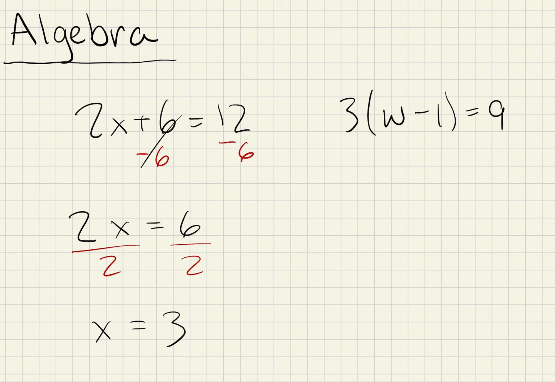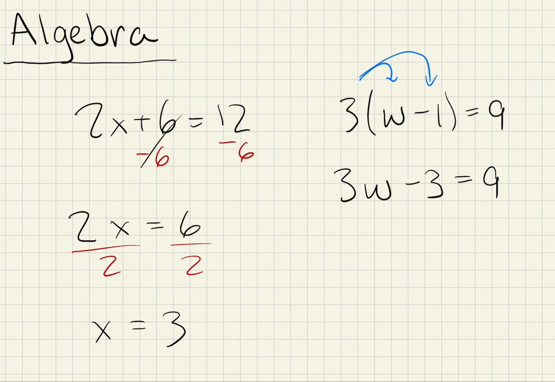So again, the first thing we're going to do is distribute this 3, and we get 3w minus 3 equals 9. Now we're going to start with our constant, and we're going to add it to both sides, so we're just flipping the sign to get it off of that side.